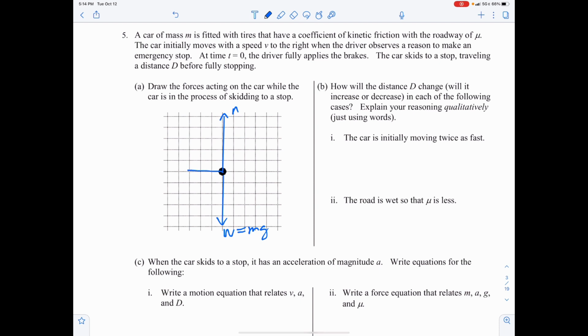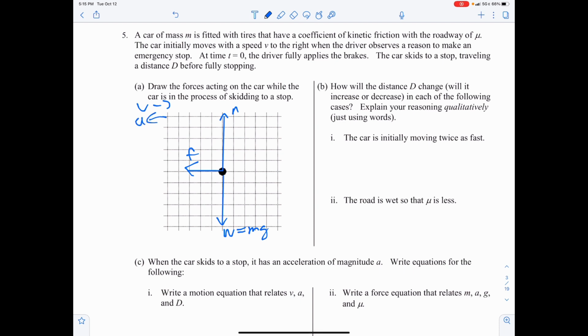And when you draw friction, make sure you draw it shorter than the normal force, going to the left, because we were told that the car is moving to the right. Yeah, we're moving to the right, but we're decelerating, or accelerating, to the left. So the motion is this way, but the acceleration is this way.